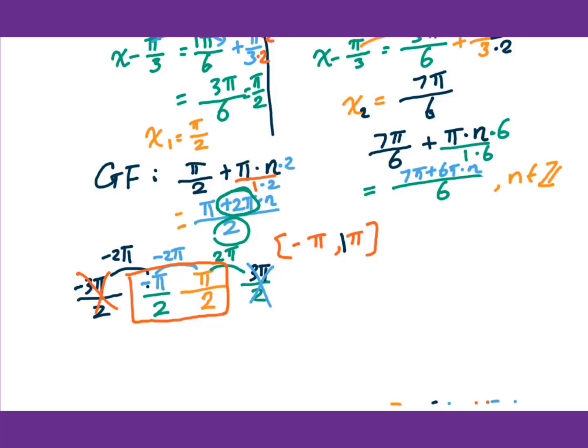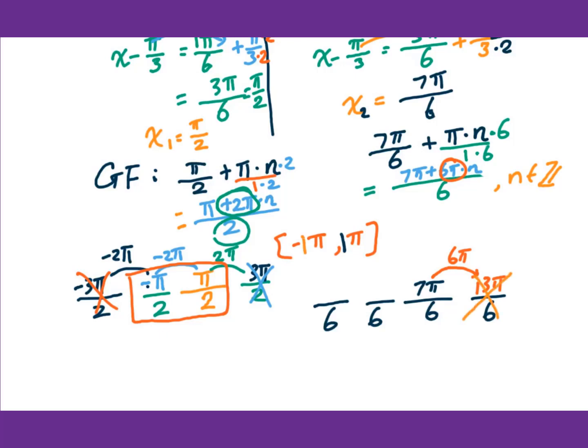Let's check this part. We got 7 pi over 6. It's all over 6. Then you need to keep adding 6 pi to the top. So adding 6 pi means 13 pi over 6. 13 divided by 6 is 2 point something. Therefore, it's not in this domain. We need to get from negative 1 to 1. Then I need to subtract 6 pi. You got pi over 6.